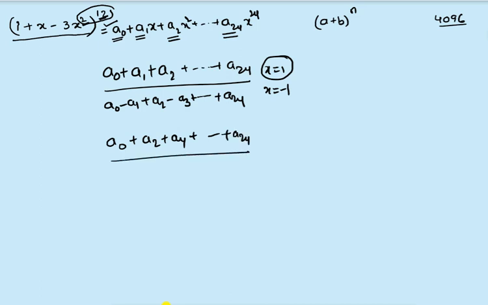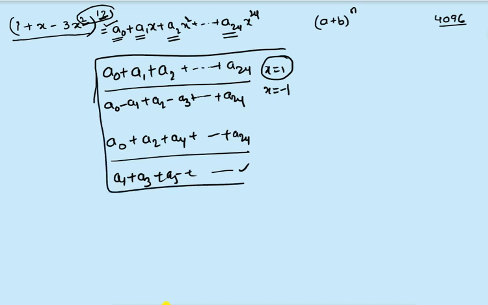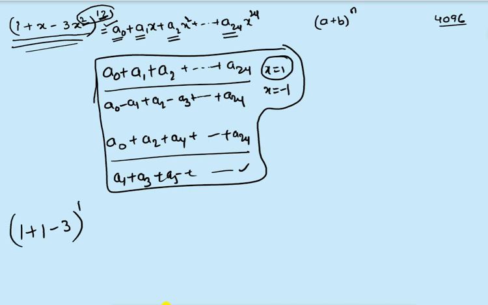If you subtract these two, you will get a1 + a3 + a5 and so on. These values we can find out, right? In this particular question he is asking for the sum of the coefficients only. That's why put x equals 1, then you will get (1 + 1 - 3) to the power of 12, that is nothing but 1, because (-1) to the power of 12 is 1 only.